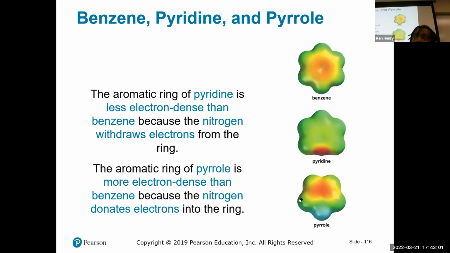Right? And then here, in the case of the pyrrole, we're going to get pretty much an equal distribution, but then the nitrogen is going to be able to donate electrons into the ring structure.